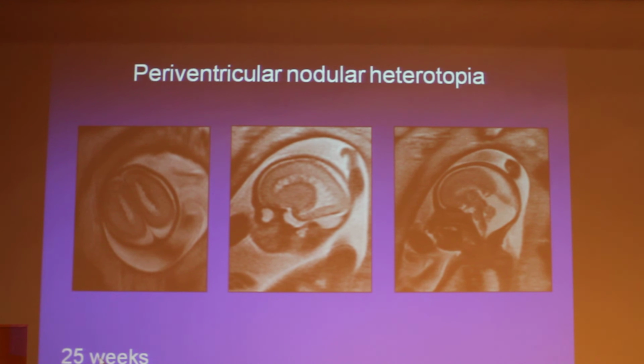She already had 3 daughters that were normal, and at 25 weeks he had sent her for mild ventriculomegaly and a megacisterna magna, and that's why he sent her for MR. I don't know why he sent her so early in gestation, but what I found, and he did not see it, was these little nodules all over. When you look at it carefully, you see that these are subependymal nodules.